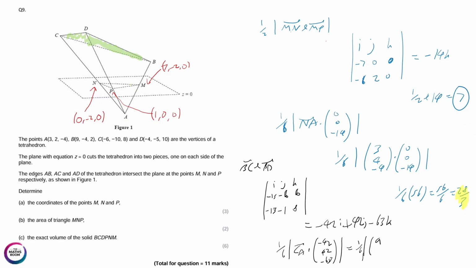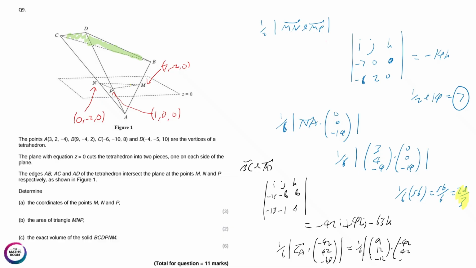So it should be 9, 12, minus 12. Yeah, that's definitely right. So 9, 12, minus 12. Good. Right, I dot that with my minus 42.